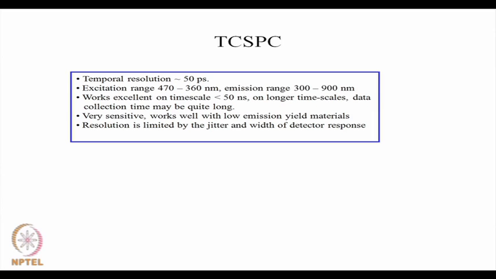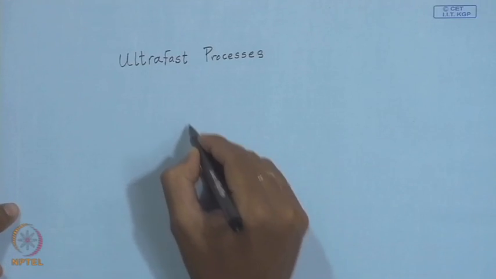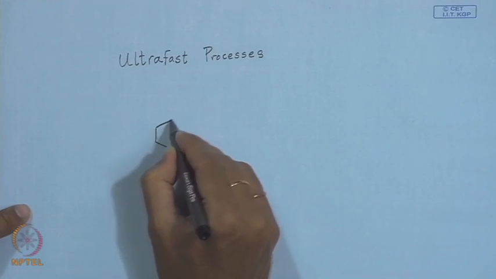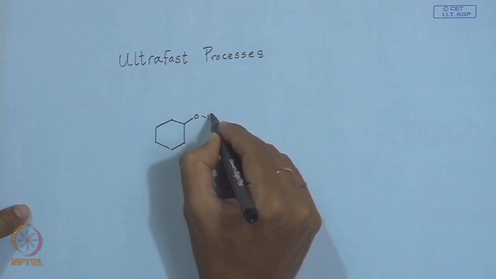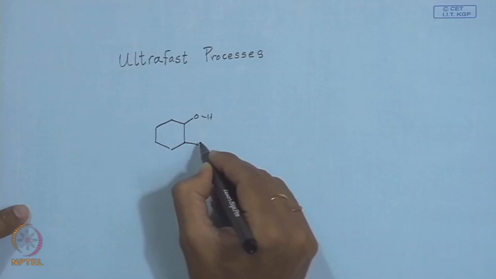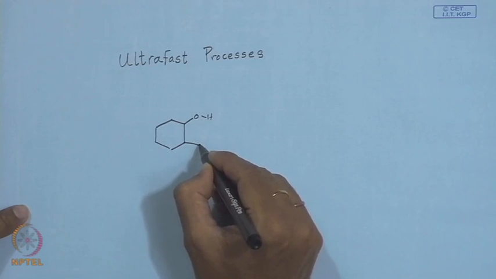So this TCSPC is another very nice technique by which you can probe very fast processes like solvation dynamics, or excited state intramolecular proton transfer reactions. Suppose you have a species like hydroxybenzaldehyde, like this.